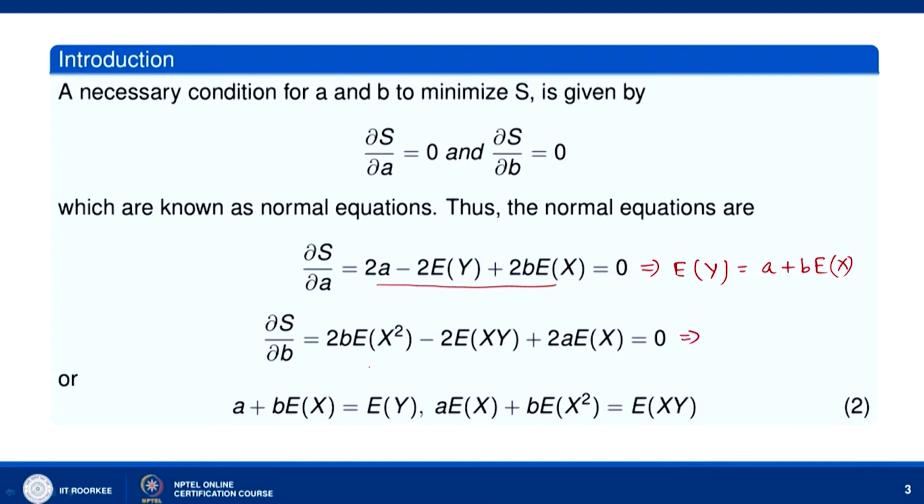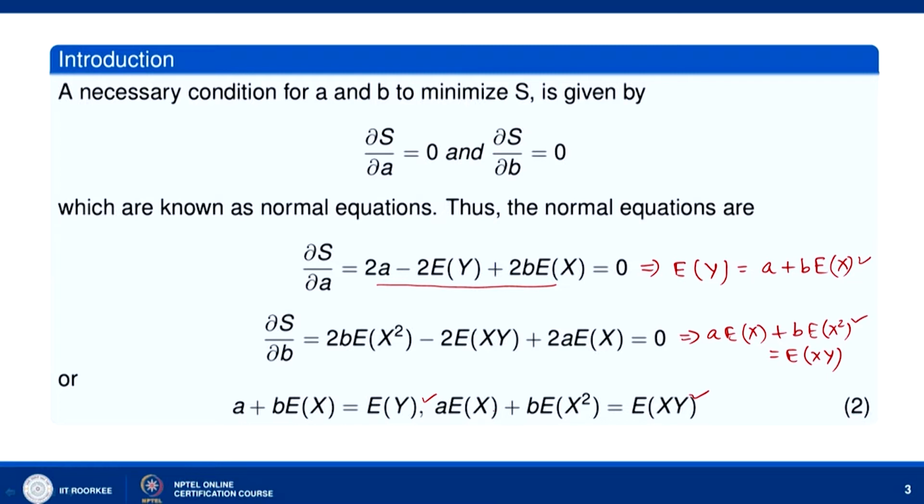We get a E[x] plus b E[x square] equal to E[xy]. So, we have two equations, this one and this one, which are given by number 2.